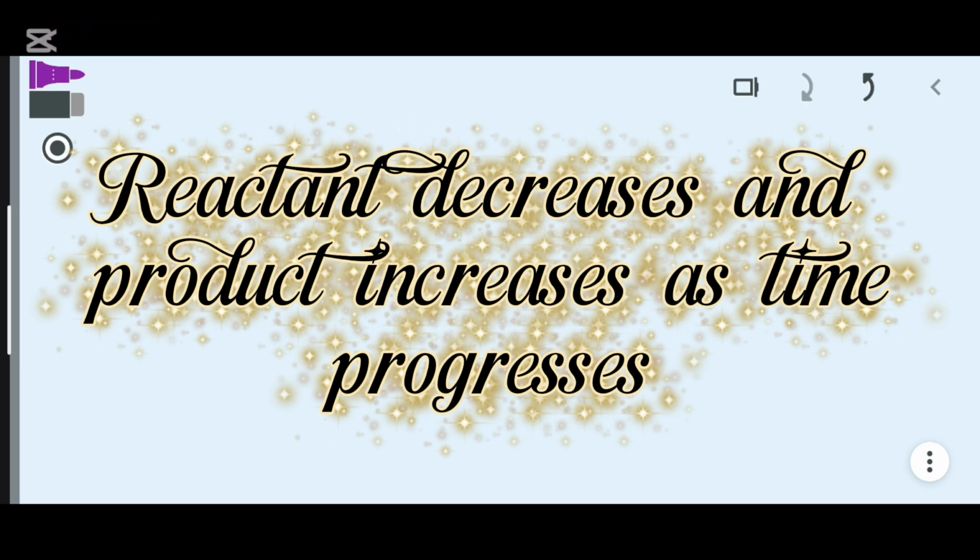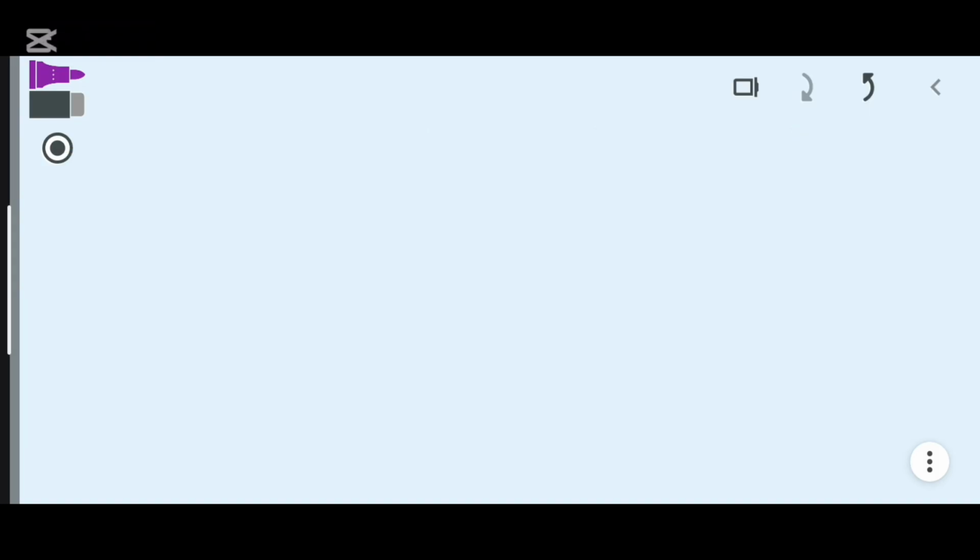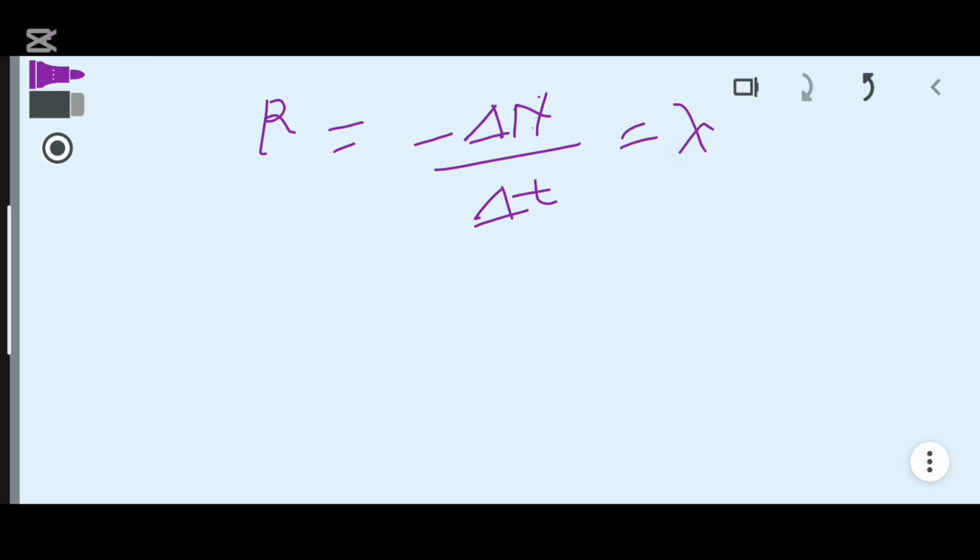If we measure rate in terms of the reactant, it will be negative. If we measure it in terms of the product, it will be positive. So in this case, we are measuring in terms of the reactant, our rate of reaction equals negative change in the number of particles over change in time, meaning as time progresses, the number of particles decreases, and this will be equal to our decay constant times our number of particles.